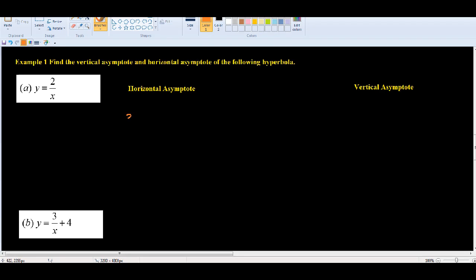So how about y? Because y is 2 over x, when x becomes very big, of course, y will become 0. So that means y equals 0 is the horizontal asymptote.